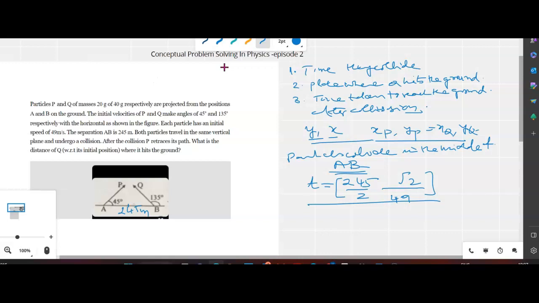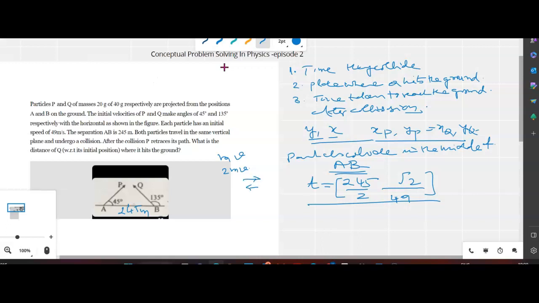Then, the place where Q hits the ground. Now it is also given that P retraces its path. P is going with momentum mv and Q is going with momentum 2mv, so 2mv is in this direction and mv is in this direction.